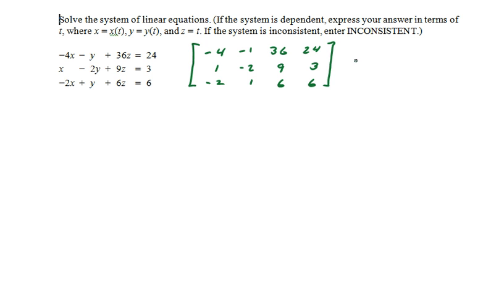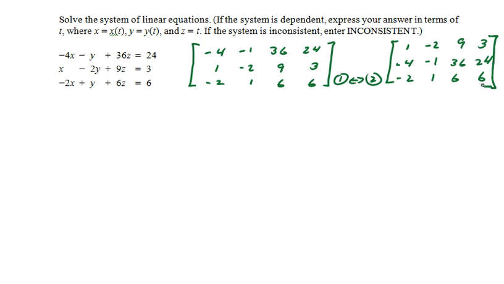Let me interchange row 1 and row 2. So 1, negative 2, 9, 3; negative 4, negative 1, 36, 24; negative 2, 1, 6, 6.